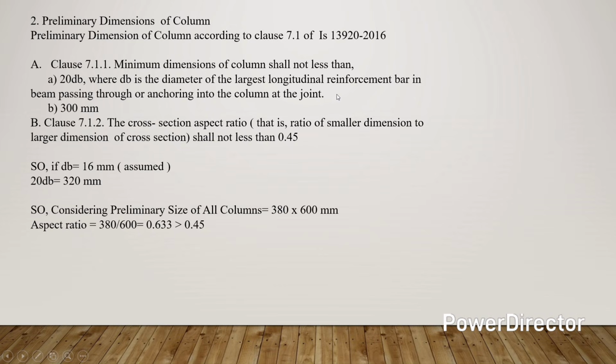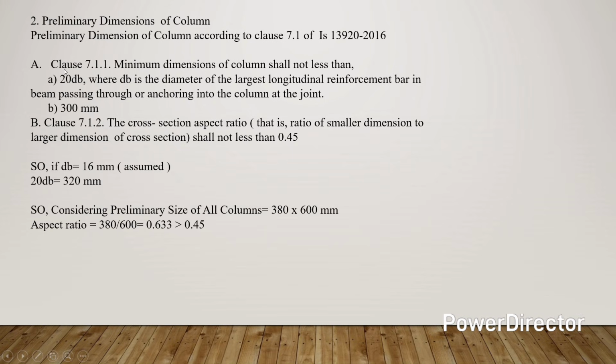This means if there is a beam resting on a column, the beam passing through means the beam is continuous, or anchoring in the column, that is simply supported, then we have to consider the largest diameter of bar we are assuming to use in the detailing of the beam. So I'm assuming that the largest diameter of bar we are going to use is 16 mm. So 20 dB means 20 into 16, which is 320 mm.